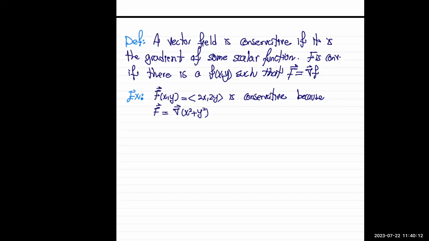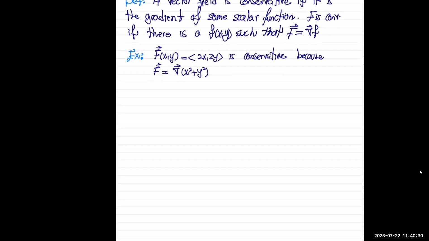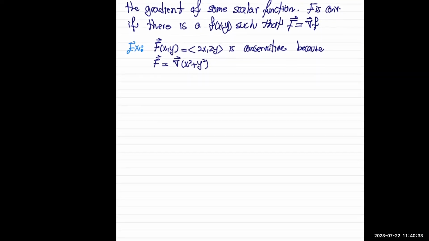And this idea is kind of important when we do line integrals, or when we find the work that is done by a vector field to move a particle from one point to another point. So this idea will be used later on.